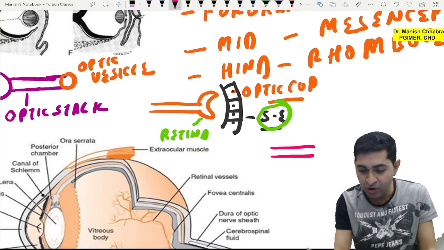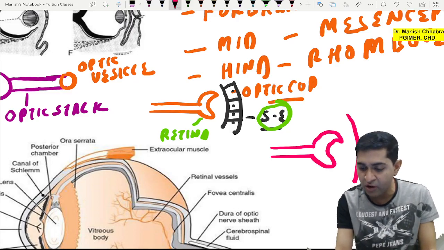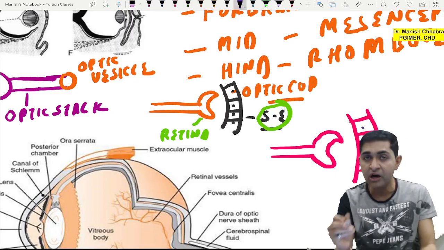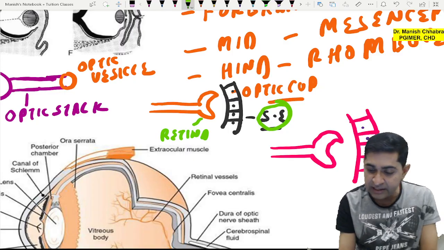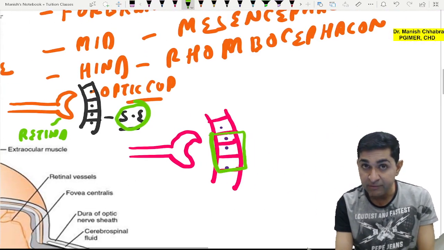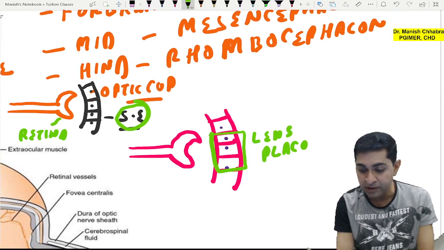So this is your optic cup again. Now the cells of the surface ectoderm which lie anterior to the optic cup will get transformed and will be called the lens placode.